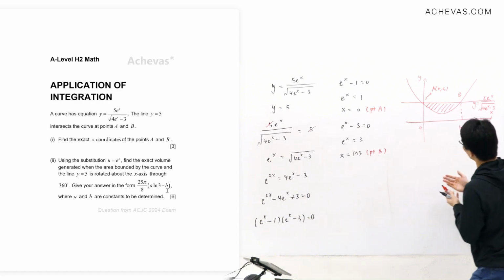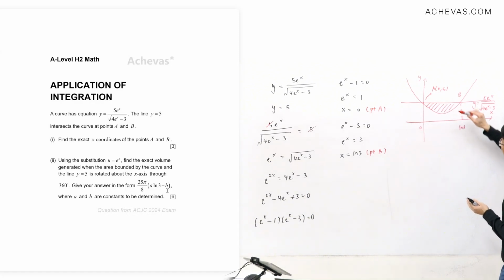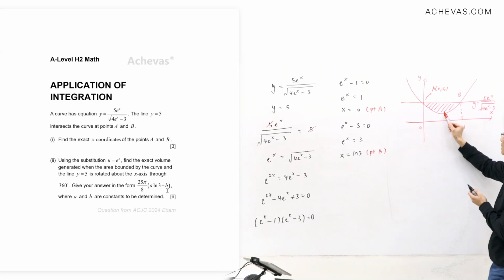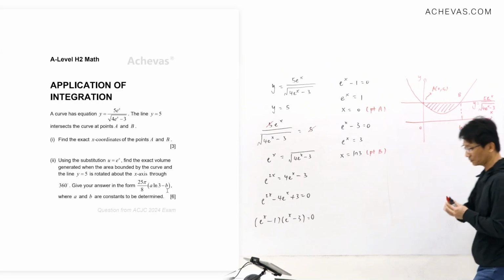For this case, I will be using the volume of a cylinder, because when you have a line rotated about the x-axis, you will actually get a cylinder. So I'll be using the volume of the cylinder minus the volume generated by the curve. So we will be able to get this required region here.